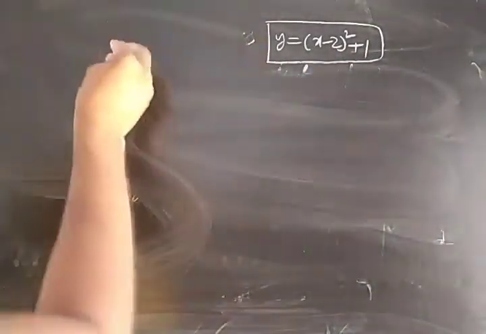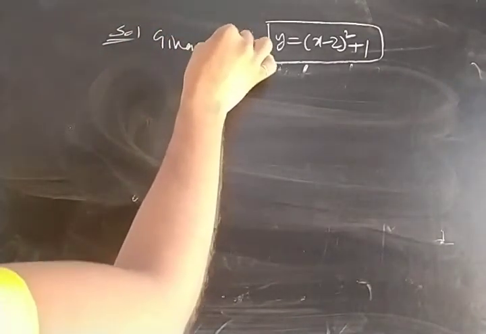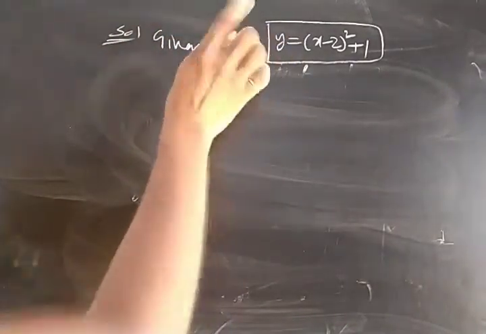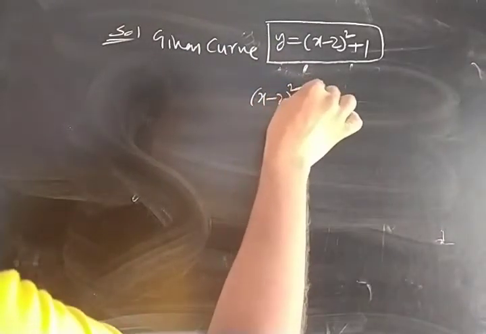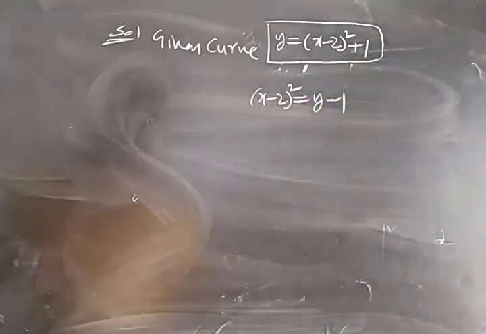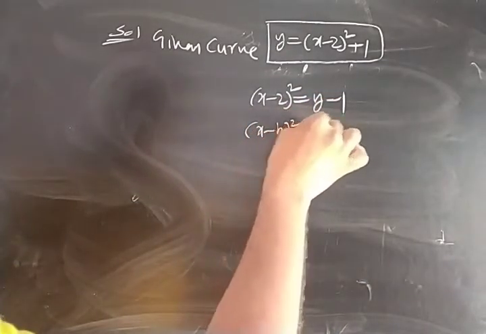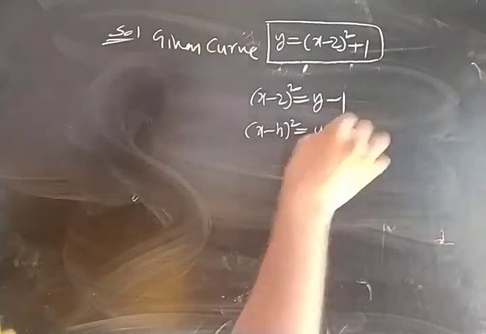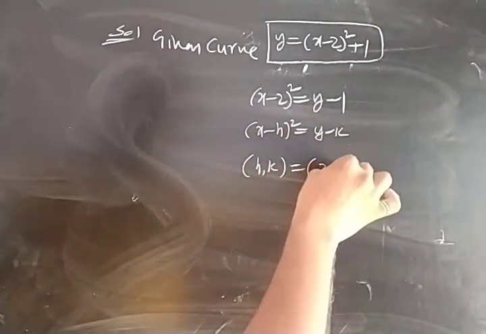Solution. Given curve. This is the given curve. So I am converting this into standard form: x minus 2 whole square equals y minus 1. This is in the form x minus h whole square equals y minus k. So what is the vertex? h comma k equal to 2 comma 1.